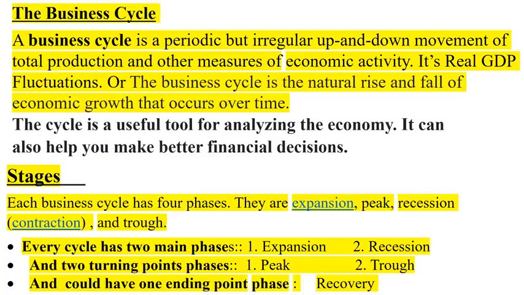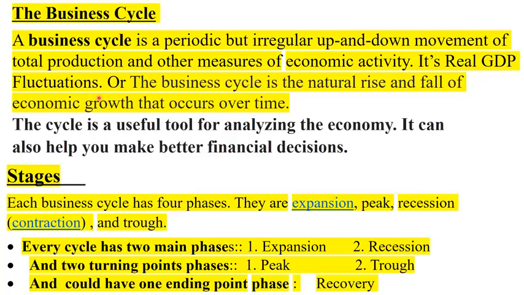The business cycle is a periodic but irregular up and down movement of total production and other measures of economic activity. It measures the economic activity as a whole, ups and downs. It should be irregular, and this is normal. It's real GDP fluctuations. Fluctuations means it goes up and down.